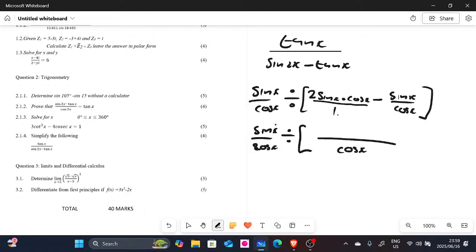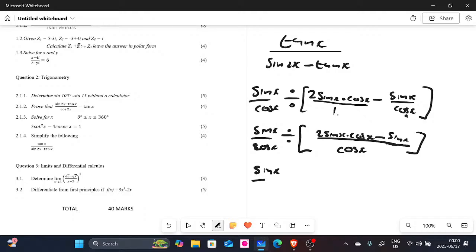Dividing cos gives you cos multiplied by 2 sine x cos x. Then minus, and this cos divided by that cos gives 1 multiplied by the sine there, and the answer is negative sine x. There we go, and then you continue.